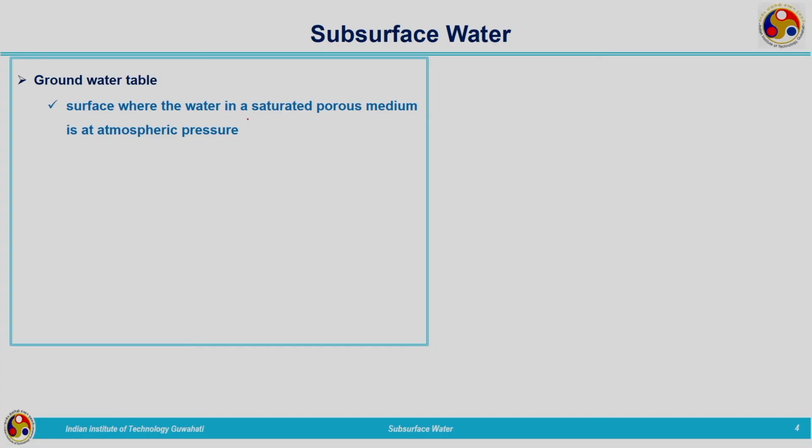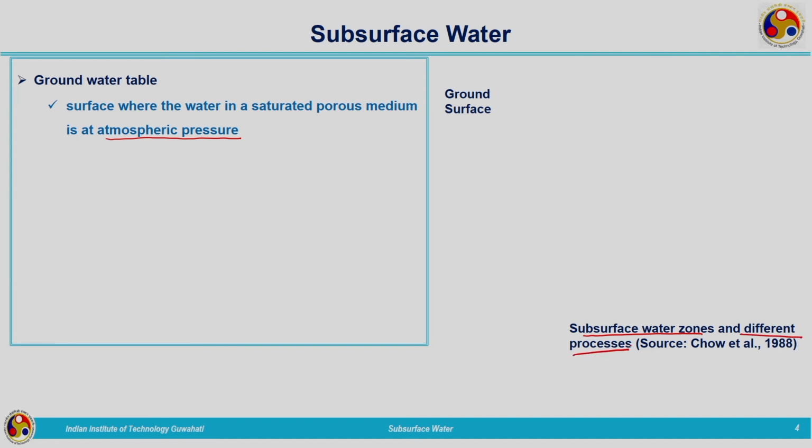The water present at the groundwater table is at atmospheric pressure. So, below the groundwater table we have the saturated region, and above the groundwater table we have the unsaturated region. We can understand this with the help of a schematic diagram of the subsurface water zones and the different processes taking place.